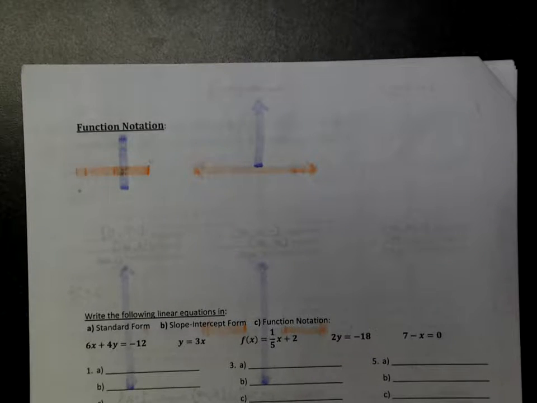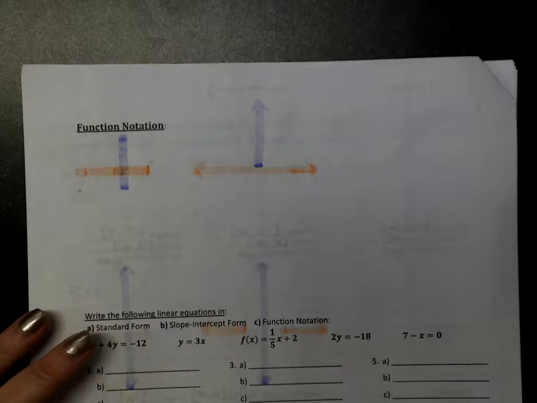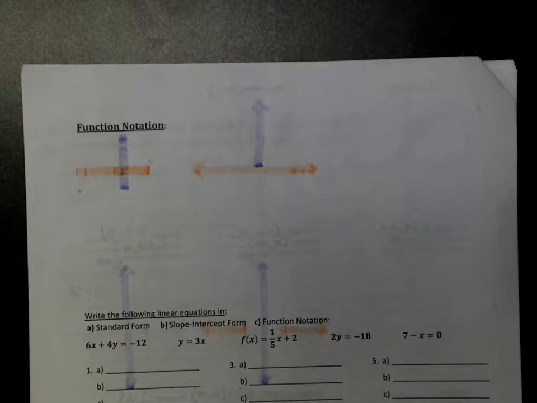Now some common letters that are used to name functions. If you know you're talking about a function, you don't have to use function notation. There are plenty of functions you can write in other ways. It's still a function even if it's not written in function notation. But if you put it in function notation, you make it more formal and easier to deal with.